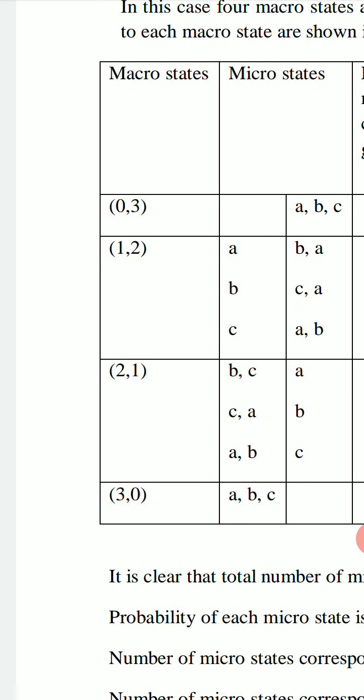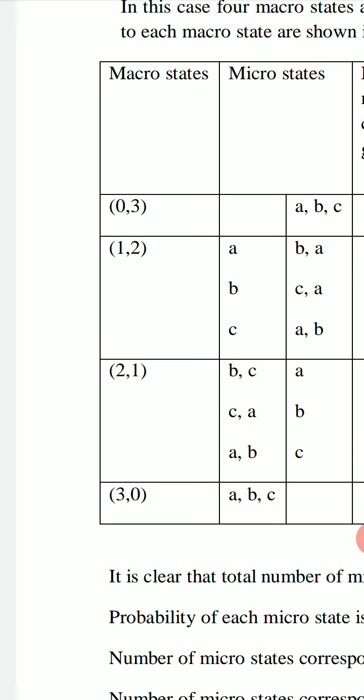For example, macrostate 1, 2 represents that number of particles in first box is 1 and number of particles in second box is 2. It does not tell which particle is in box 1 and which particle is in box 2.